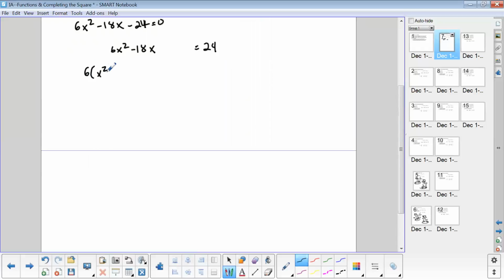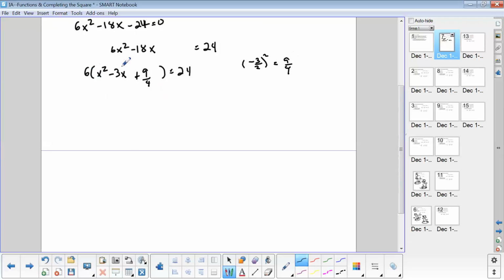So I'm going to get x squared minus 3x is equal to 24. In this case, this b value is the first one where it's been odd. So we're going to take half of the b value, which would be negative 3/2, and we're going to square it, and that would give us 9/4.